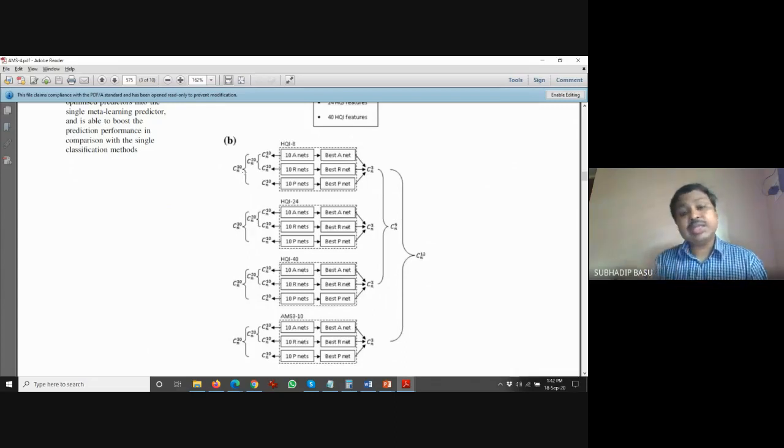But when we discuss with the biologists, they often say that they are interested in the higher star results. That means there is less chance of false positives.